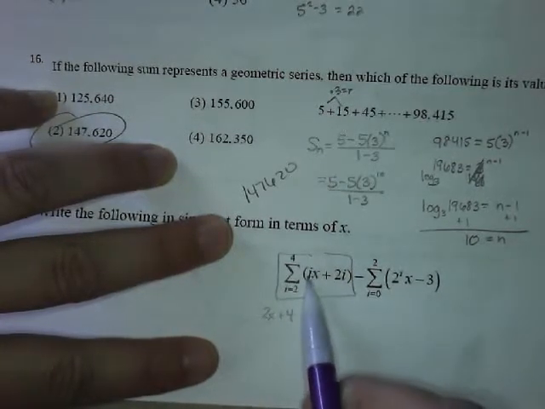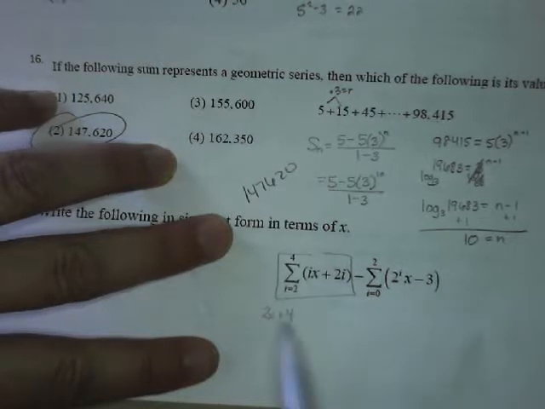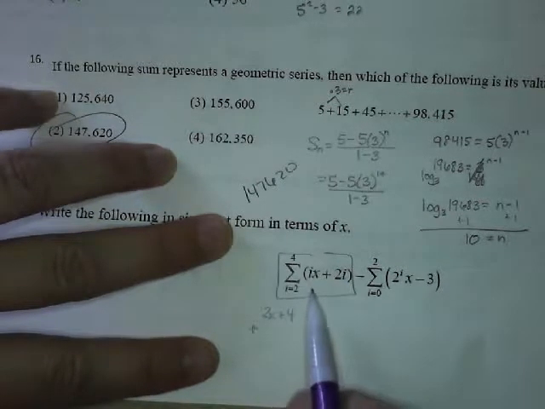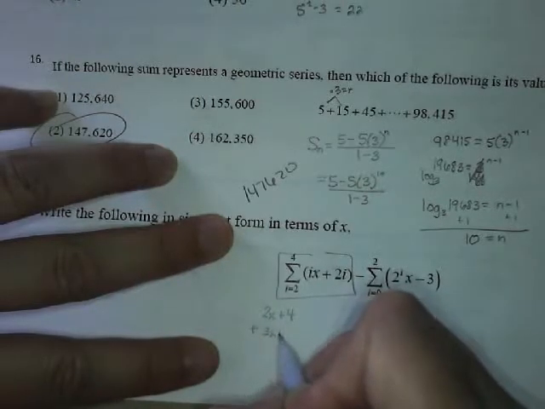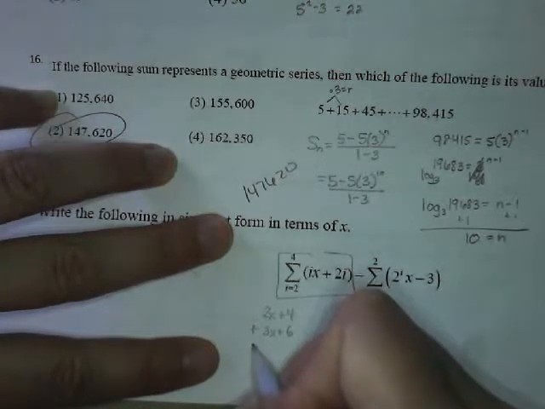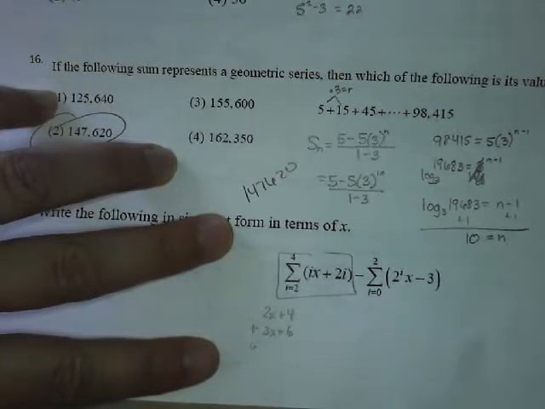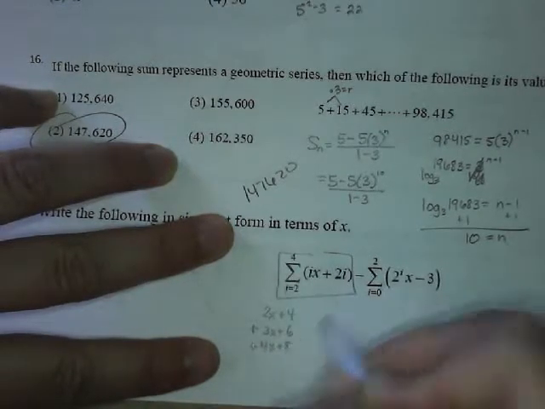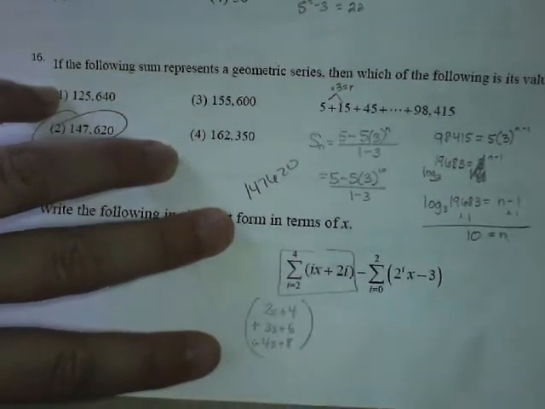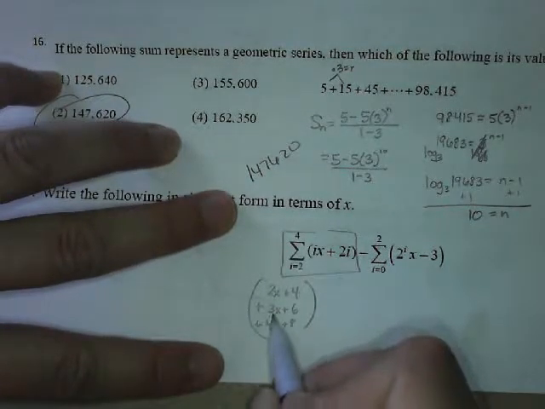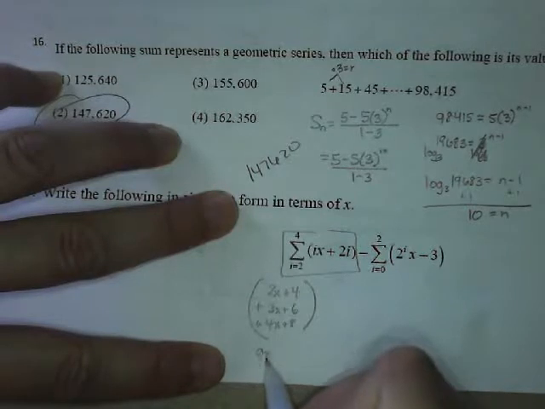Plus, I'm going to plug in a 3 for i, and I get 3x plus 2 times 3 is 6. And then I'm going to plug in a 4 for i, and I get 4x plus 8. So that's the first summation notation, which altogether is going to become 9x plus 18, minus.